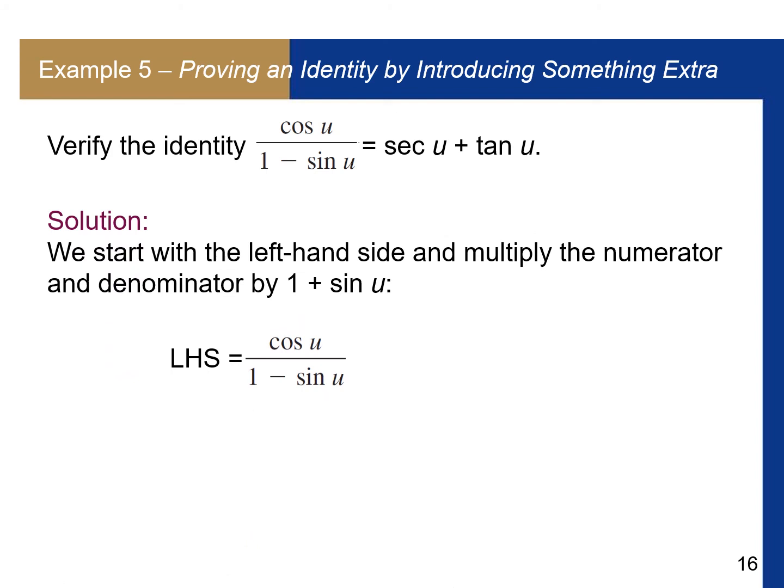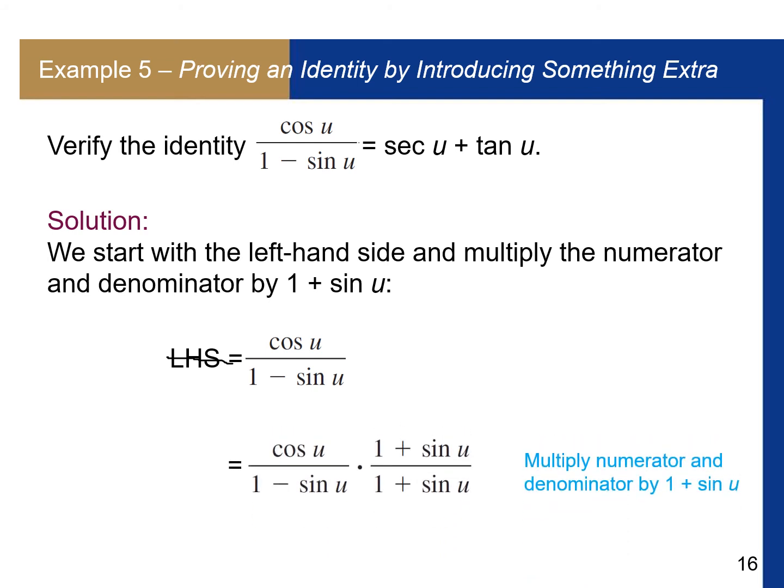So here we have our left-hand side, which I'm not a fan of just writing left-hand side. I think it's unnecessary, but if it helps you, that's fine. I am going to multiply this by 1 plus sine u over 1 plus sine u. Why am I doing that? Well, if I know really well that cosine squared plus sine squared equals 1, then I know that 1 minus sine squared equals cosine squared.